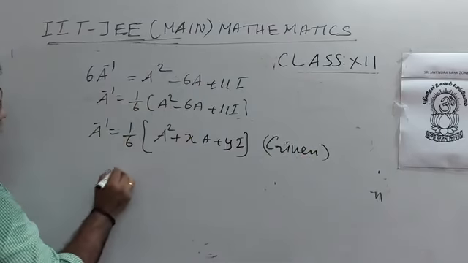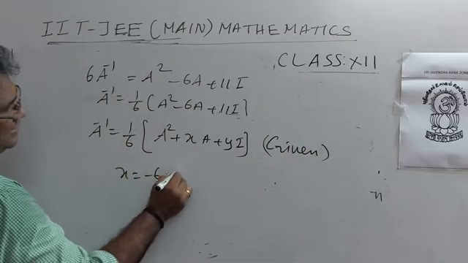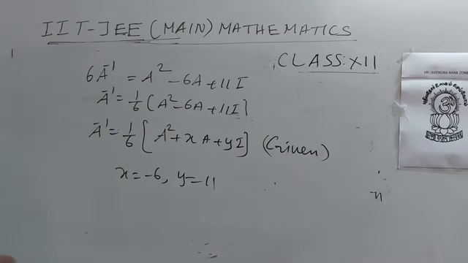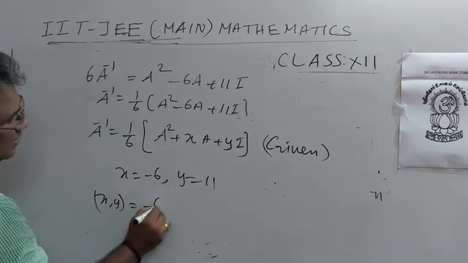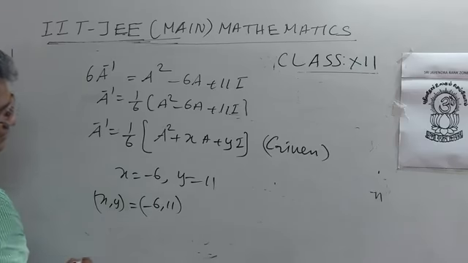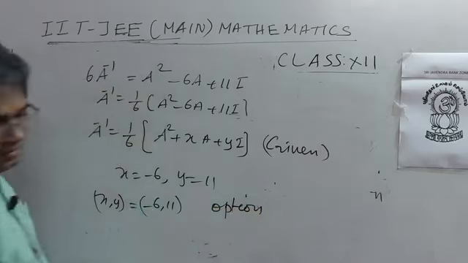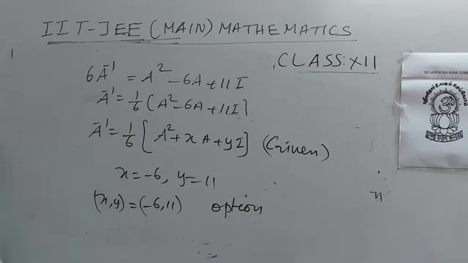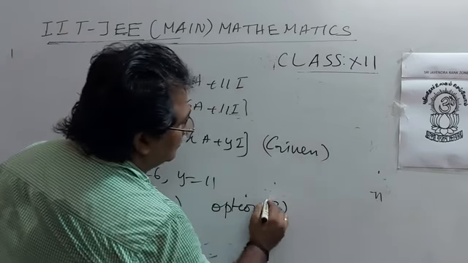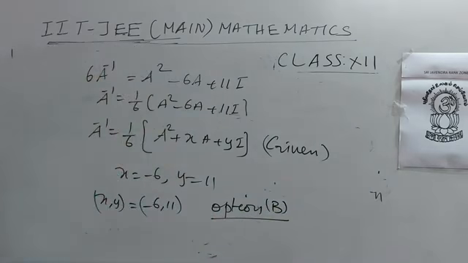Comparing these two, we get X equal to minus 6, Y equal to 11. So X, Y is minus 6, 11. Option B is correct.